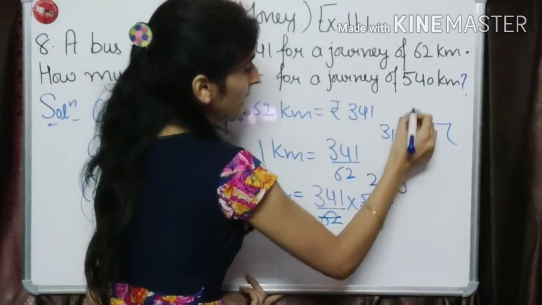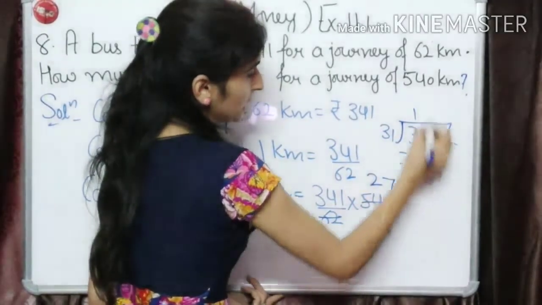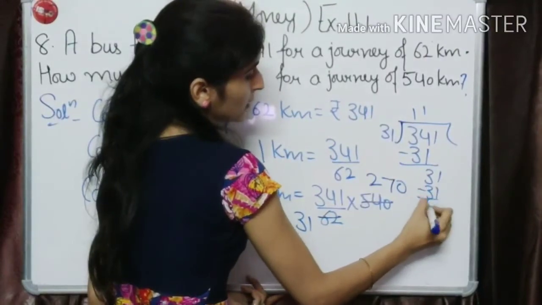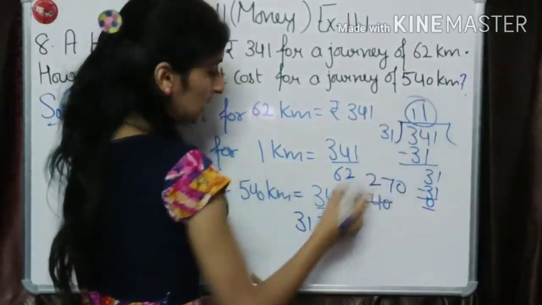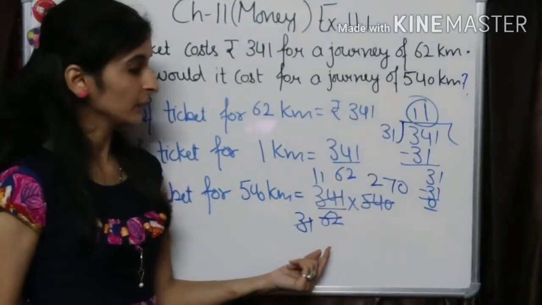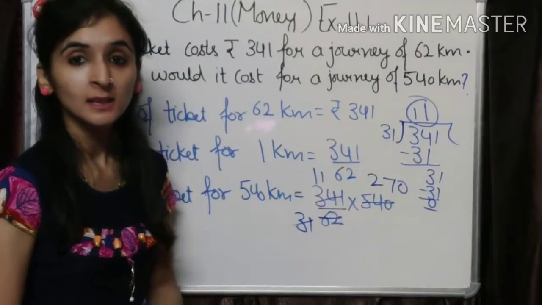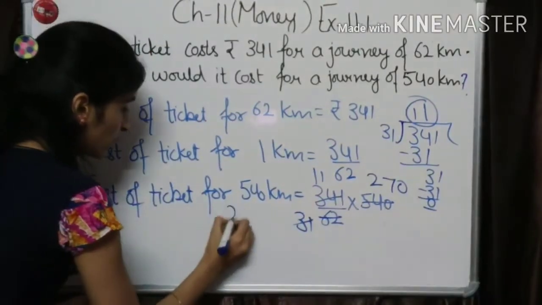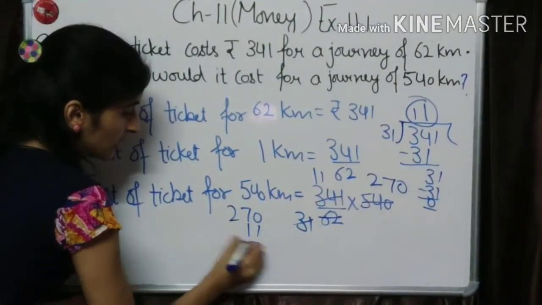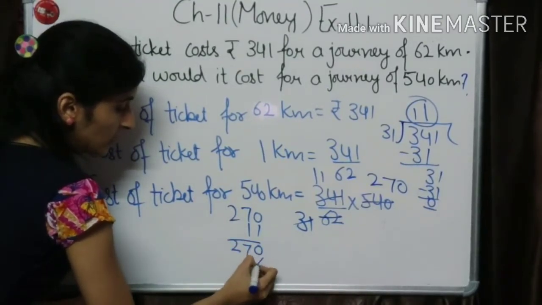341 divided by 31. 31 ones are 31. Then again 1. So it will go on 11. So 31 11s are 341. Now we will multiply this 11 by 270. So I am going to multiply here. 1 zeros are 0, 1 sevens are 7, 1 twos are 2.